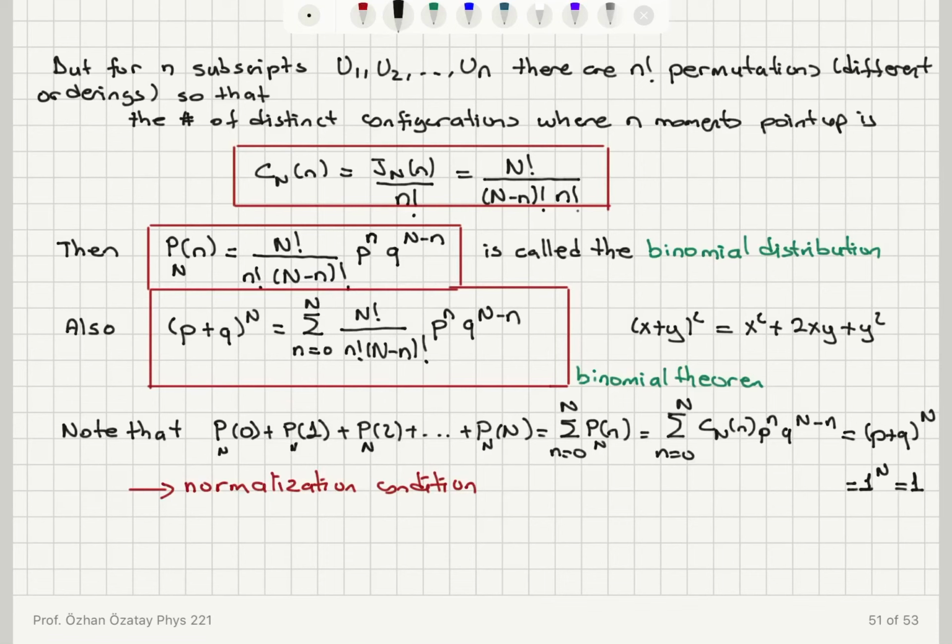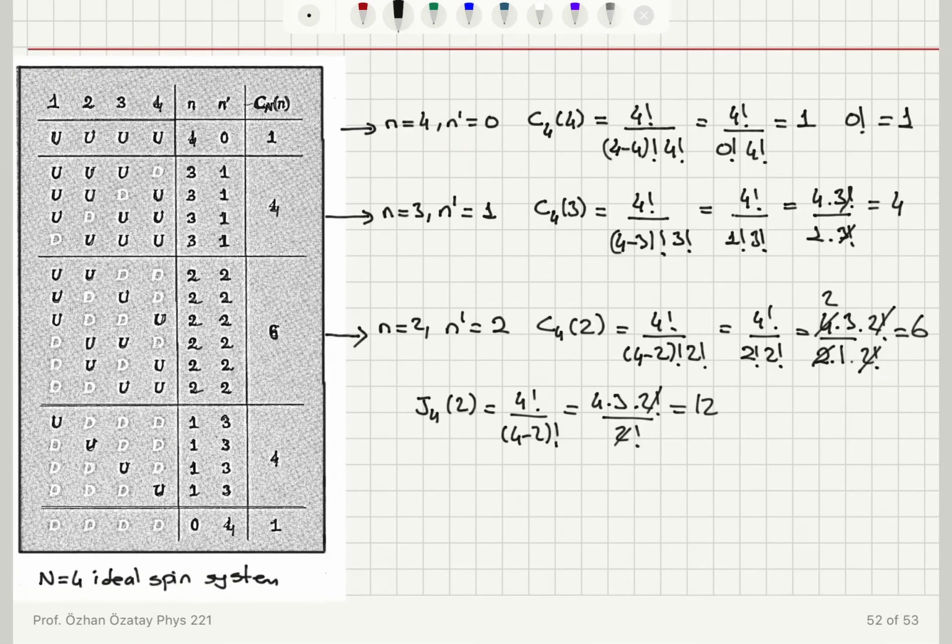So if I add up the probabilities of having no moments up, or one moment up, or two up, all the way up to all of them up, I exhaust all the possibilities, and with the binomial theorem, this addition gives me 1. So it is the normalization condition.